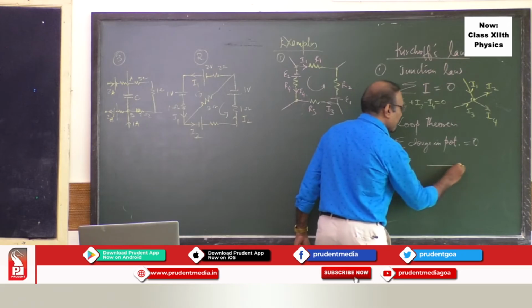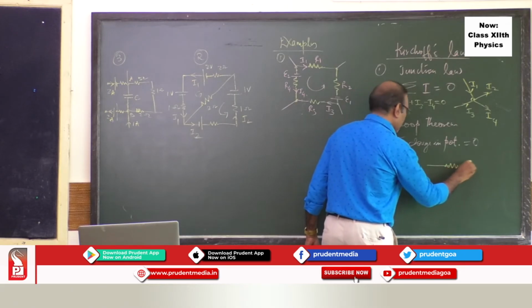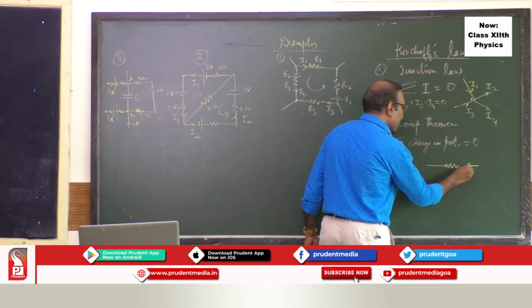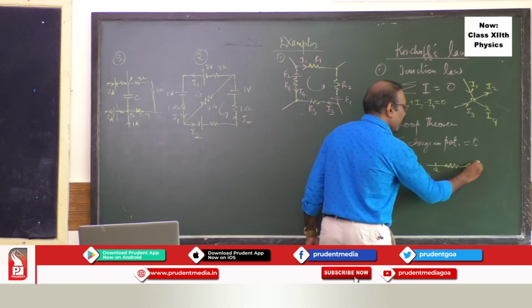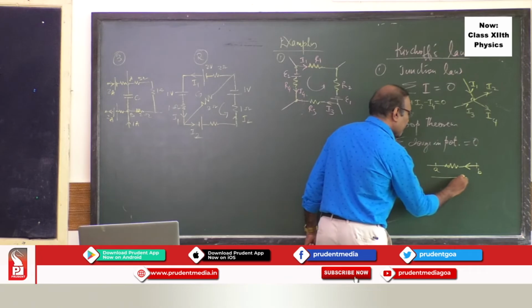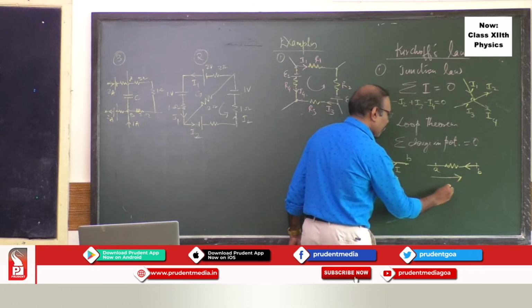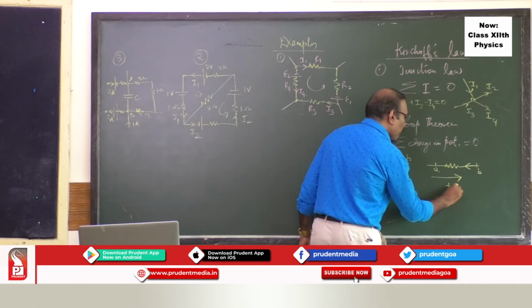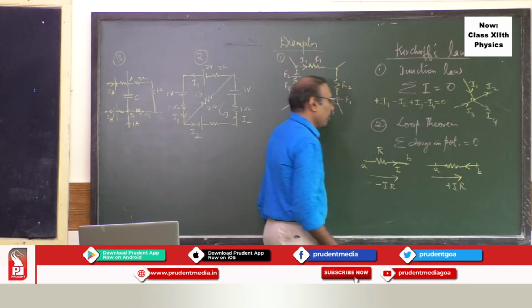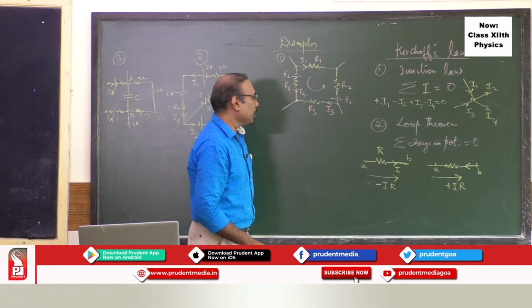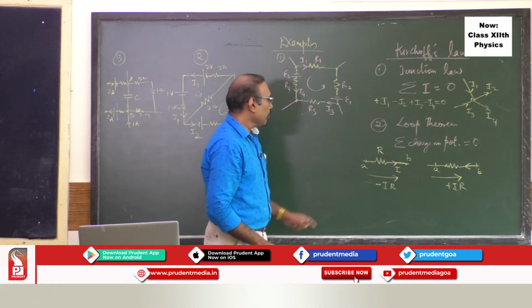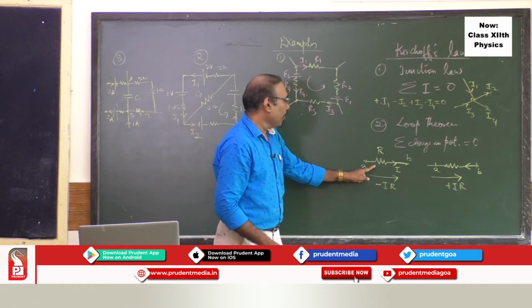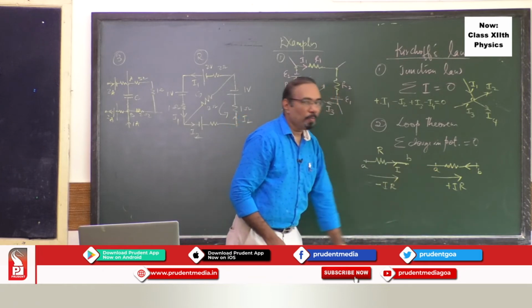If you traverse the circuit against the direction of the current, then you take the potential drop as positive. So here you take the potential drop negative, and here you take the potential drop positive.